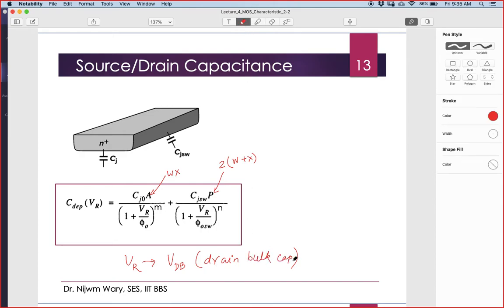So for the drain bulk capacitance, this VR is the potential difference between the drain and the bulk.